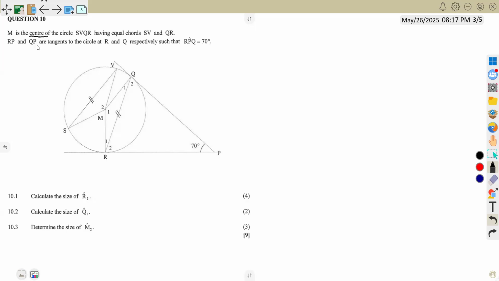RP and QP are tangents to the circle at R and Q respectively, such that this angle is 70 degrees. According to the classification of our theorems, they spoke about the center, so we expect center theorems. They spoke about the tangents.